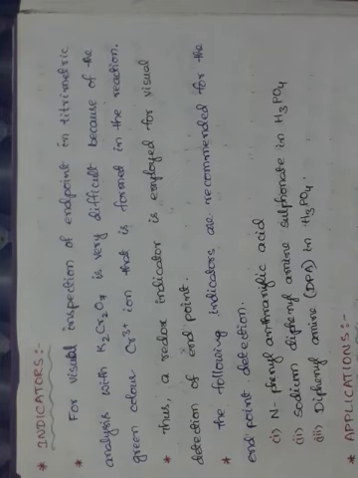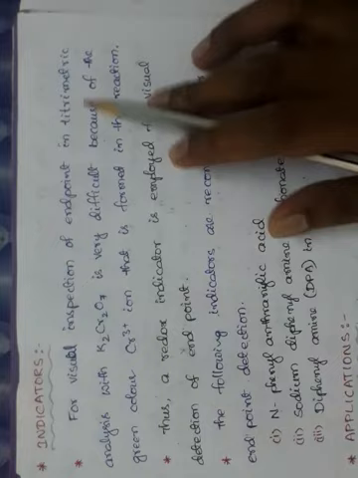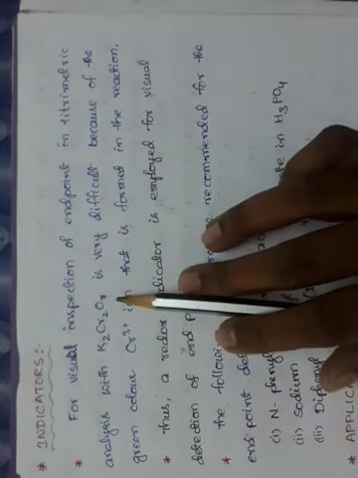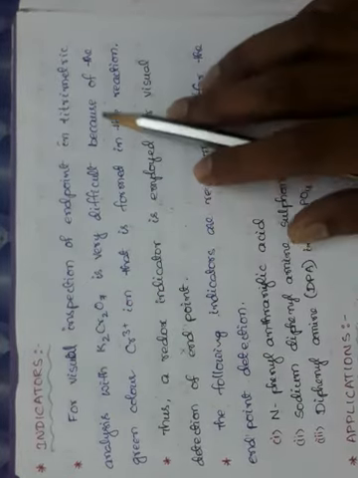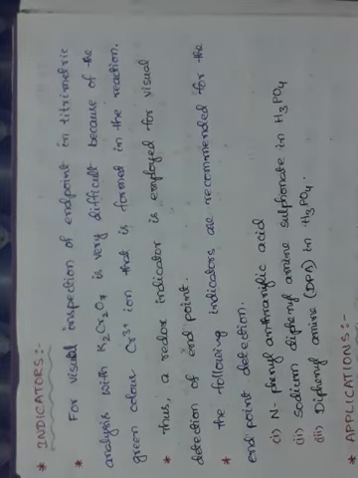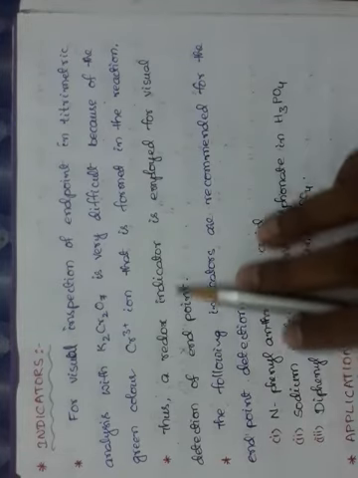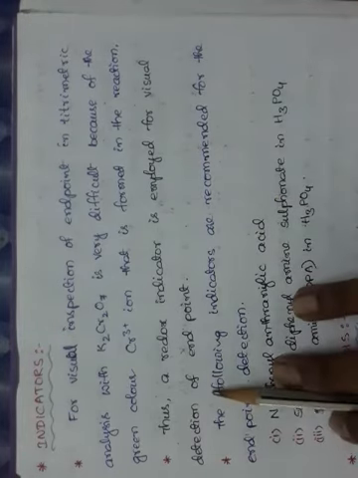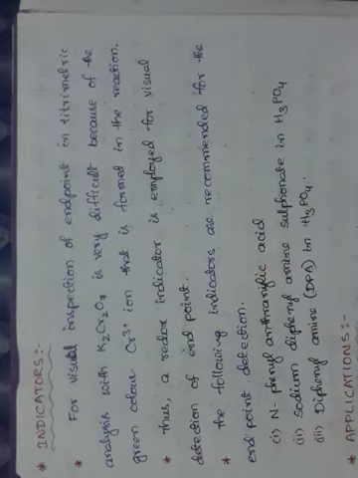Okay, next, what are the indicators? For visual inspection of the endpoint in titrimetric analysis with potassium dichromate, it is very difficult because of the green color of the chromium 3 ion that is formed in the reaction, what we discussed earlier. Thus, a redox indicator is employed for visual detection of the endpoint.